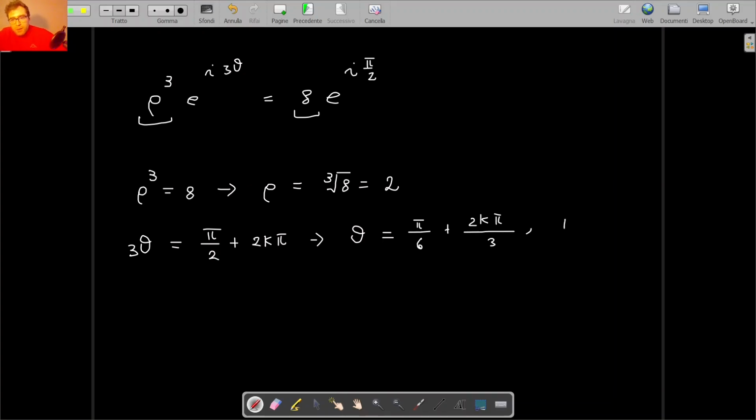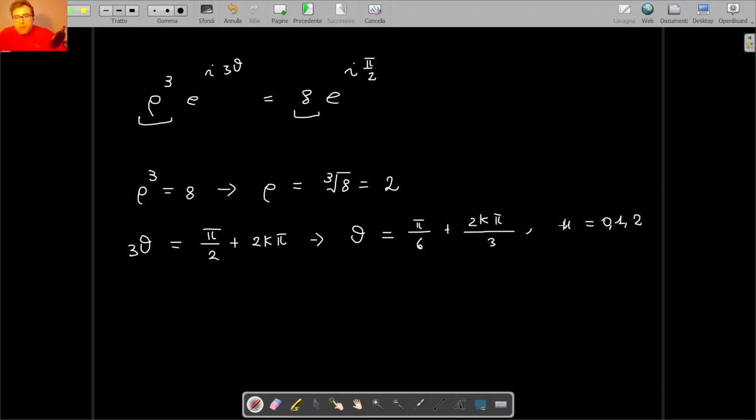with k equal to 0, 1 and 2, because we remember that when we extract the nth root of a complex number, we have to consider the 0th, first and second root.